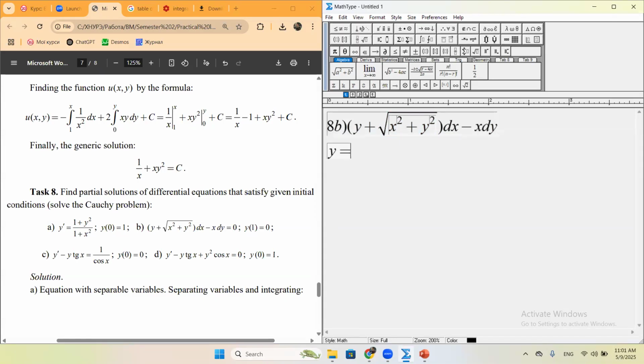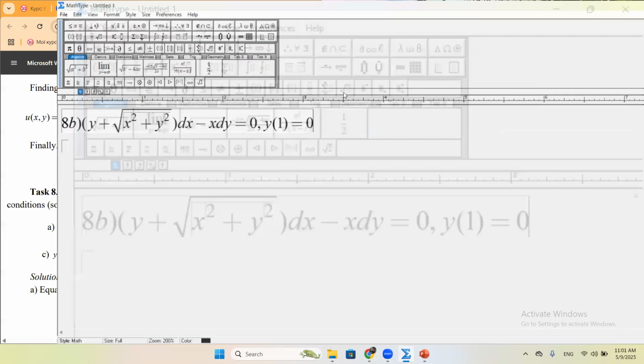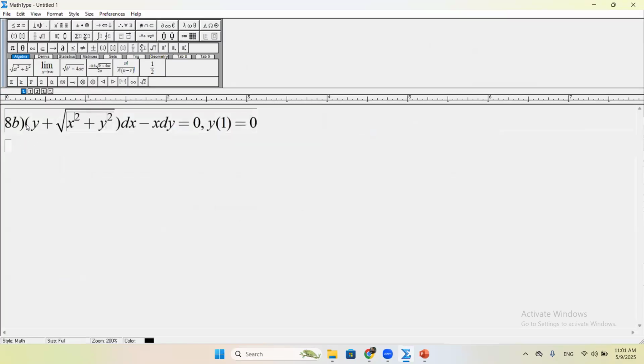So we will use the following substitution. It equals 0. First of all, dividing the equation over x. And by the way, writing down the initial condition: y of 1 equals 0. So dividing by x.